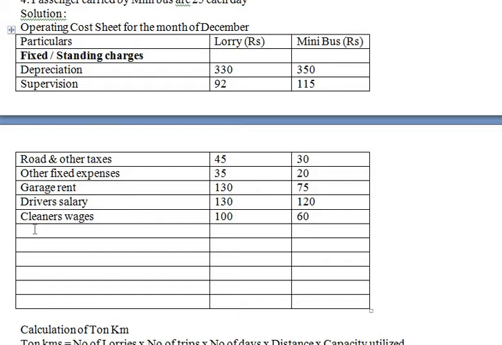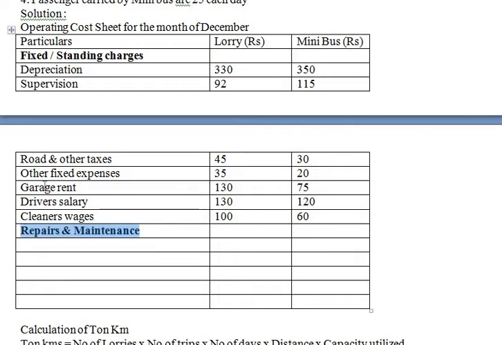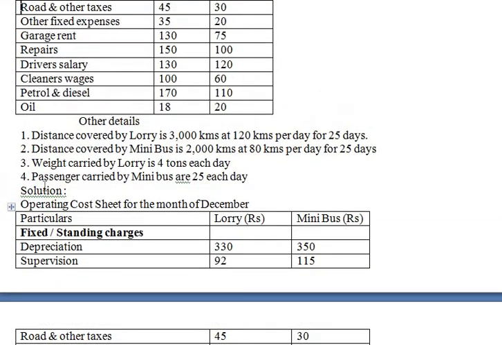Now next is repairs and maintenance. If you want you can make a total of this first and then add the second one to that, or else directly at the end also you can make the total.